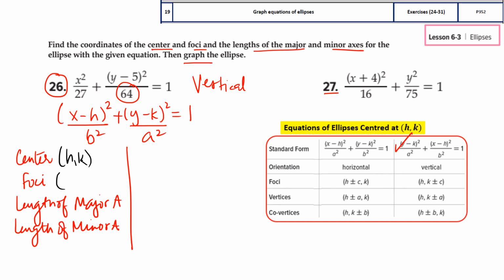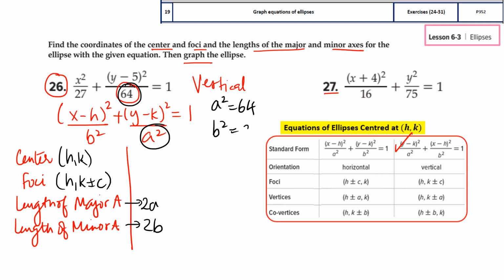Foci is given by h comma k plus minus c. Length of major axis 2a, minor axis 2b. So let's compare. So how much is my a square? 64. How much is my b square? 27. How much is h? H is 0 because there's nothing with x, and k is 5. So we've got the center 0 comma 5.